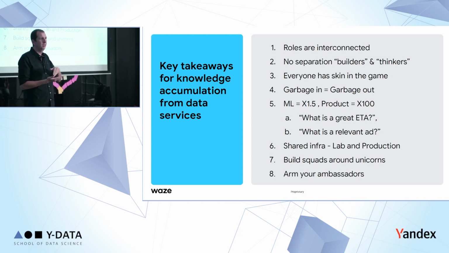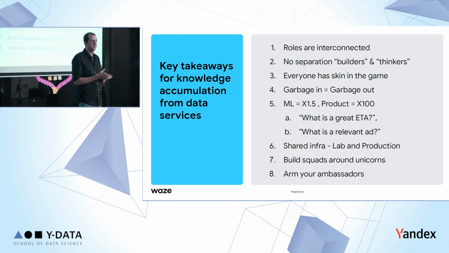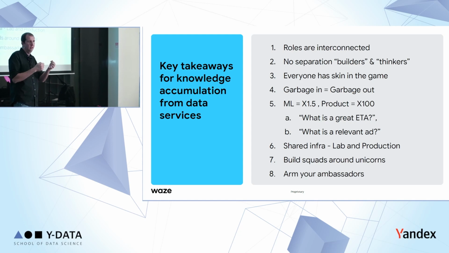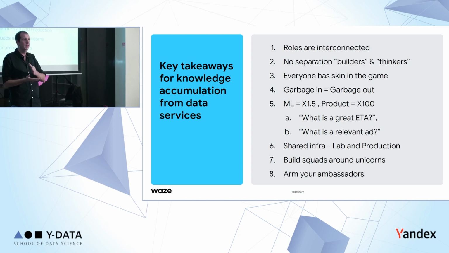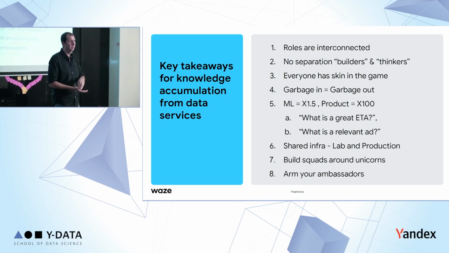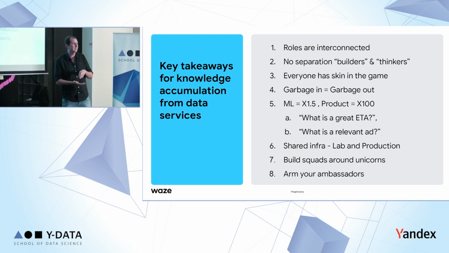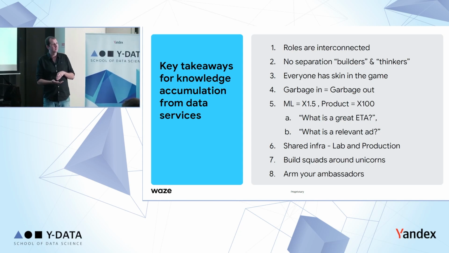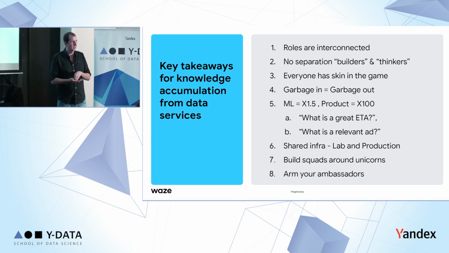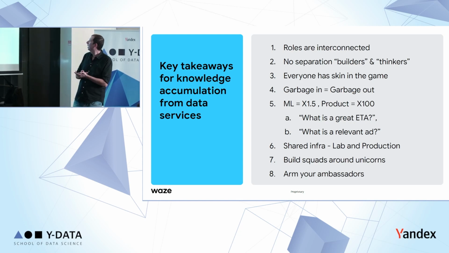You can hold it in a spreadsheet, or you can use fancy infrastructure like a data catalog to do automatic annotations of the different metrics and so on. But essentially, when the business analyst and the data scientists are talking about a user, they're talking about the same thing. When they're talking about a trip, a bad experience, or a congestion, they're talking about the same thing. So that's roles are interconnected.